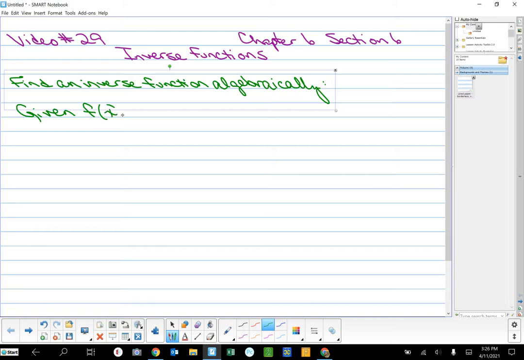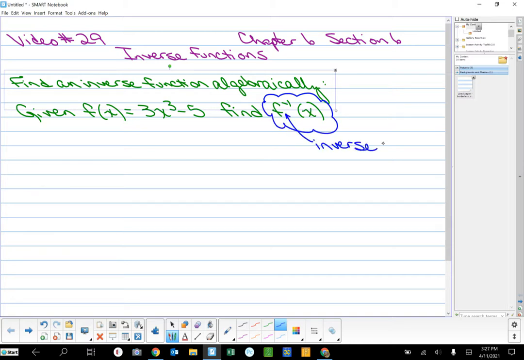Given f of x equals 3x cubed minus 5, find its inverse, or the way that that's going to look is f to the minus 1 of x. And what this means is the inverse of the function. Okay, so you're going to be finding the inverse. So here are the steps to do that.